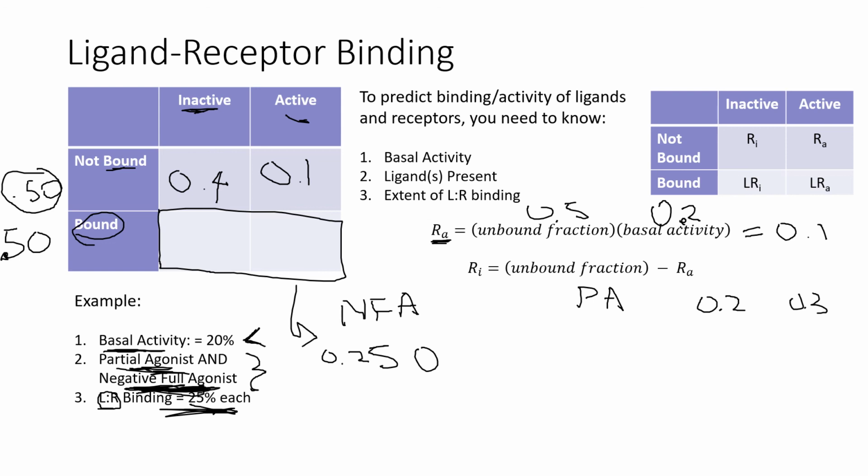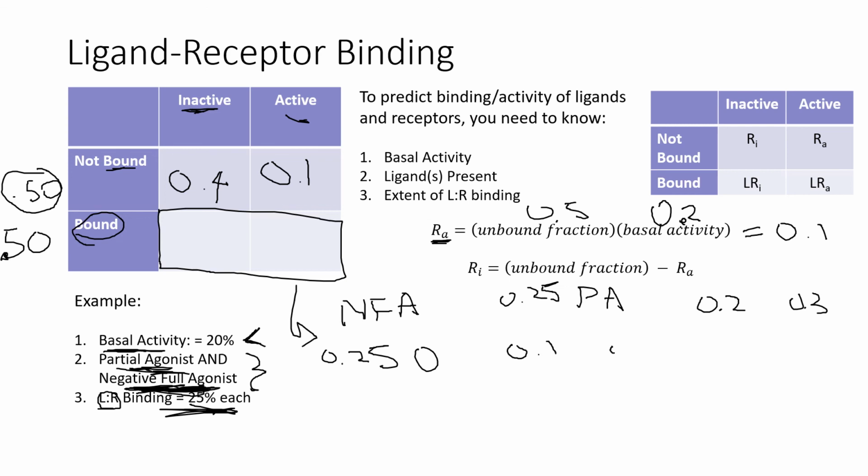And so in this case, when there's only 0.25 of the total population that are bound with the partial agonist, this means that 10% of the entire population are going to be bound with this partial agonist and inactive.